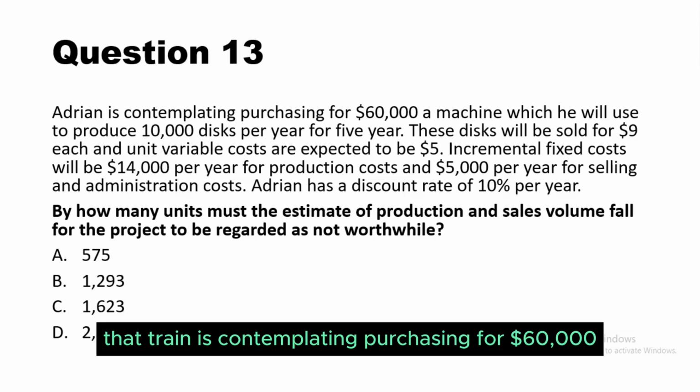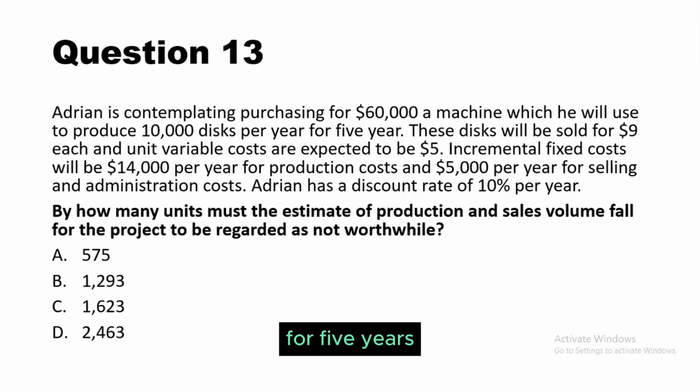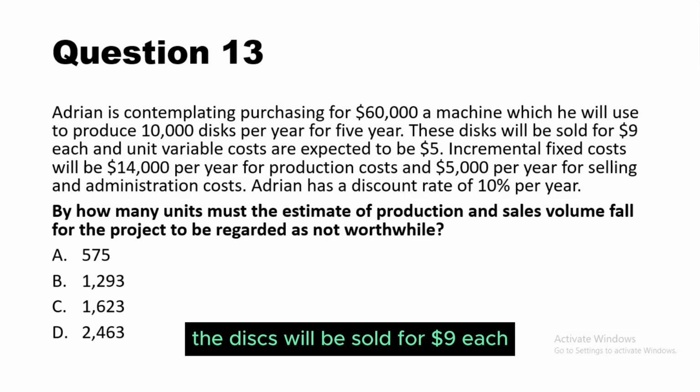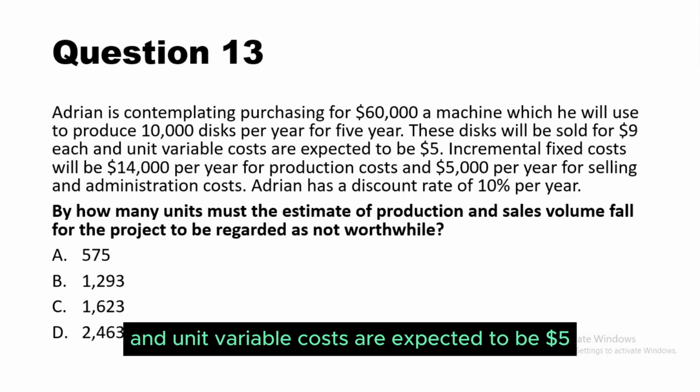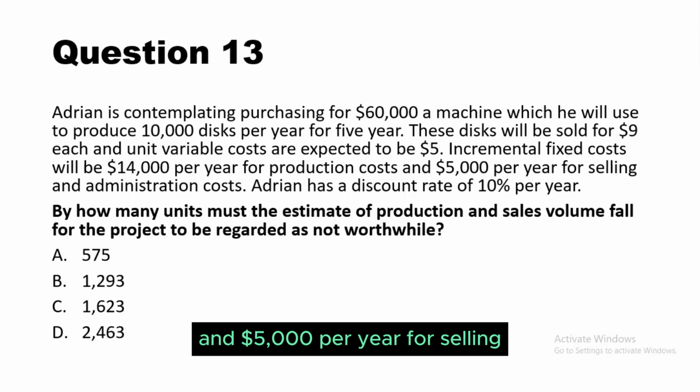Adrian is contemplating purchasing for $60,000 a machine which he will use to produce 10,000 discs per year for 5 years. The discs will be sold for $9 each, and unit variable costs are expected to be $5. Incremental fixed costs will be $14,000 per year for production costs and $5,000 per year for selling and administration costs.